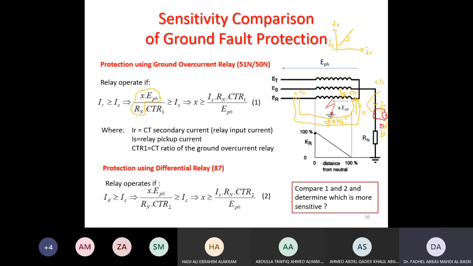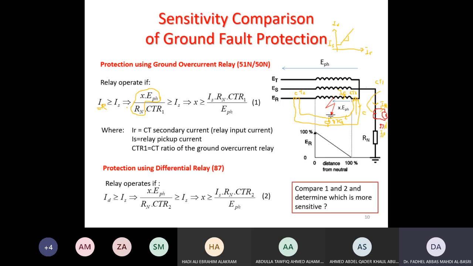IR here is not the restraint. I will call this, let's say, IR capital, so that you don't confuse it with this IR, which is the restraint current. This is IR capital, relay side, or I call this I51.